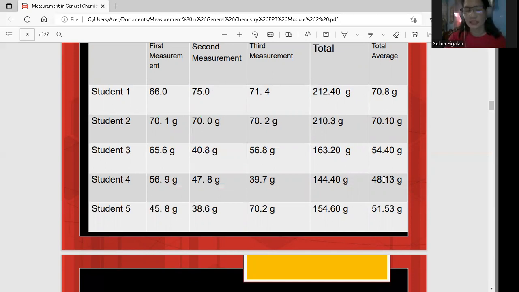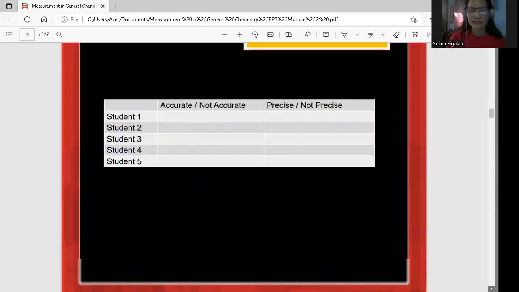This is not precise still kasi more than 1. Same with 51.53. So dahil mas mataas yung 51.53, so you have to subtract the first number here, is 51.53 subtracted to 48.13, which is very far or greater than 1, which is not precise. Okay.